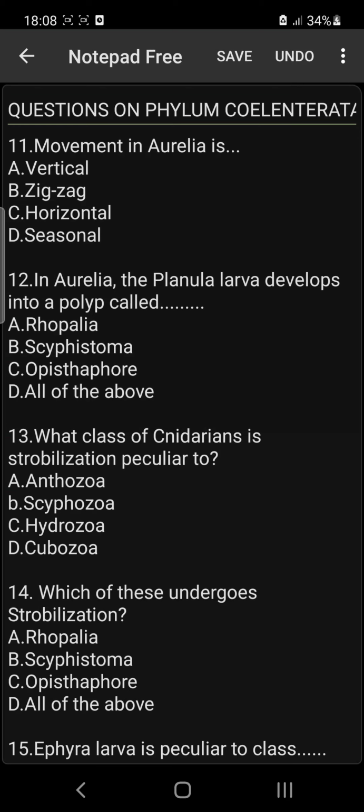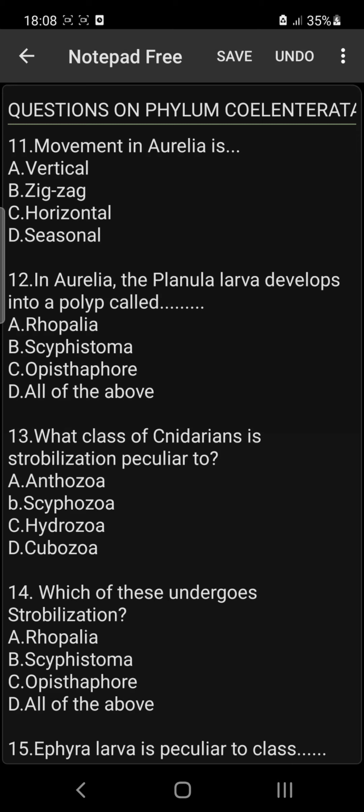Question 12: In Aurelia, the planula larva develops into a polyp called dash. The answer is scyphistoma.